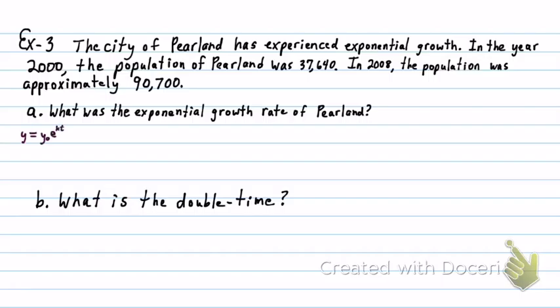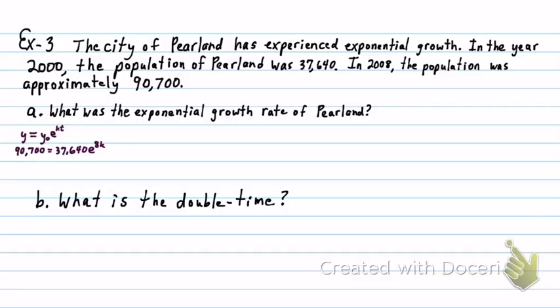So we have our formula, y equals y naught times e to the kt power. If you plug in the numbers, the initial population was 37,640, so that's our y naught. And it grows to 90,700, that's going to be our y.